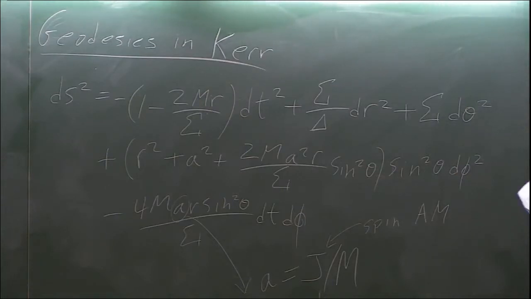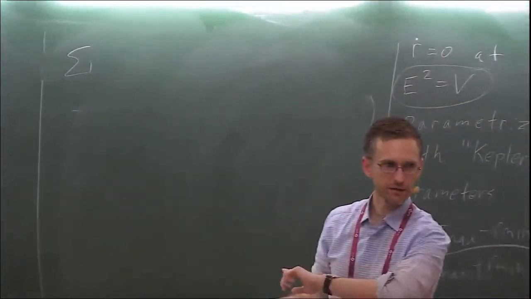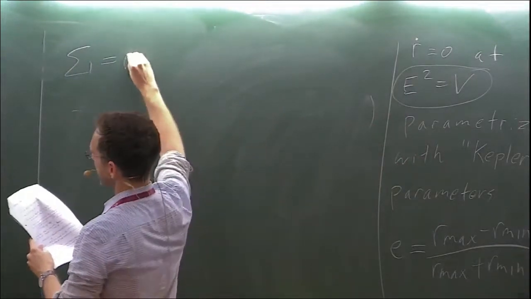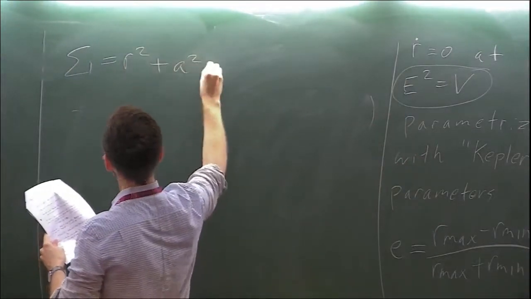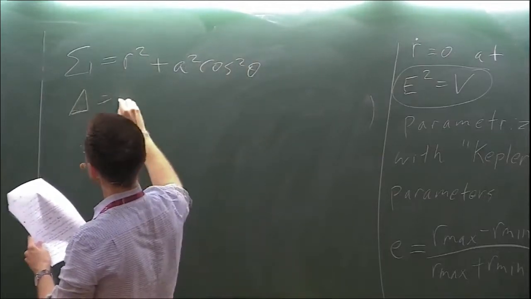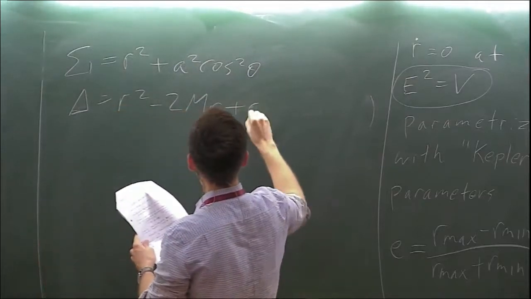Let me just write out what those sigmas and deltas are. So you sometimes see the same symbols, sigma and delta, meaning different things. In this case, sigma is r squared plus a squared cos squared theta. Delta is r squared minus 2Mr plus a squared.